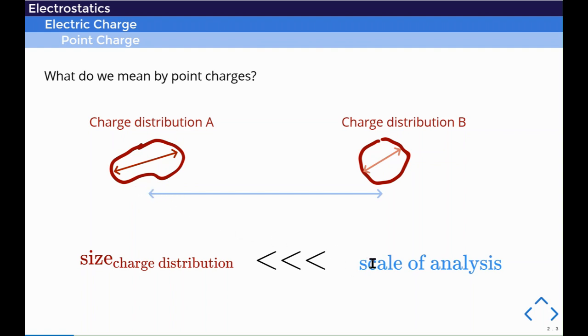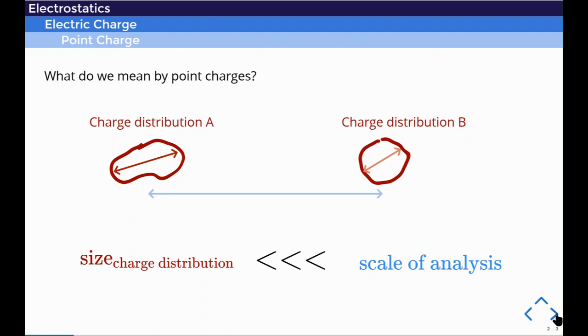So what we mean by a point charge is that the size where the charge is distributed, suppose I have 3 nanocoulombs, 10 nanocoulombs, you know that this is a lot of electrons or a lot of unpaired protons to make up that amount of charge. But if they're distributed over a volume or a space that is really small compared to the size of the problem or the scale of the analysis, then we consider it a point charge.